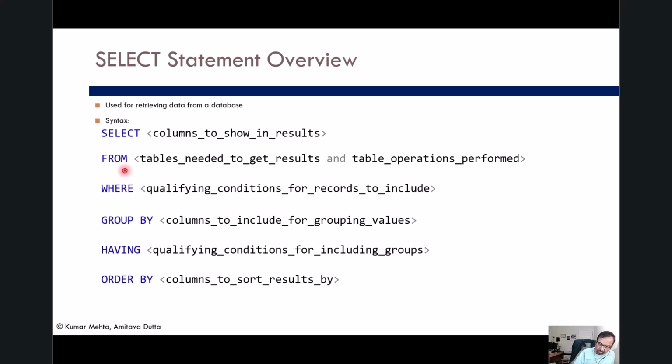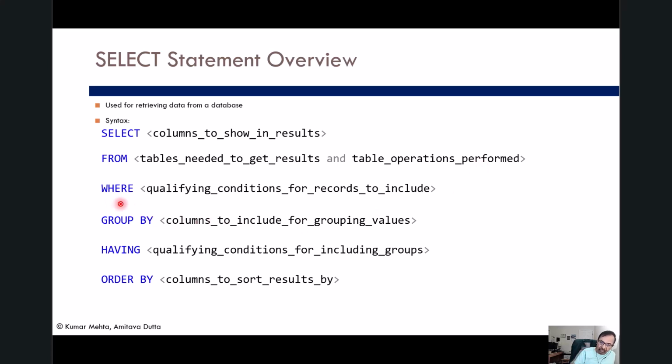Then you have the reserved word from. There you list the tables from which obviously extractions need to be done. You can extract from one table, as we saw in the example. You can extract from more than one table as needed. So after the word from, you would list the tables from which you do the extraction.